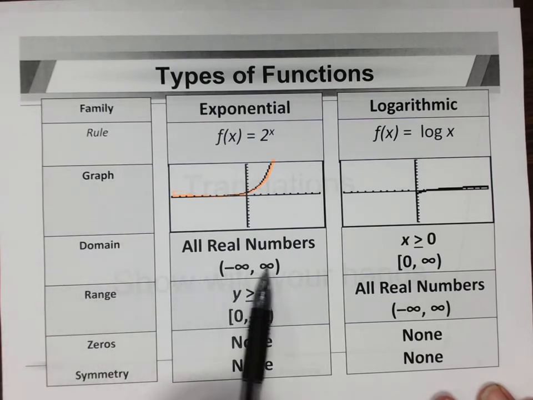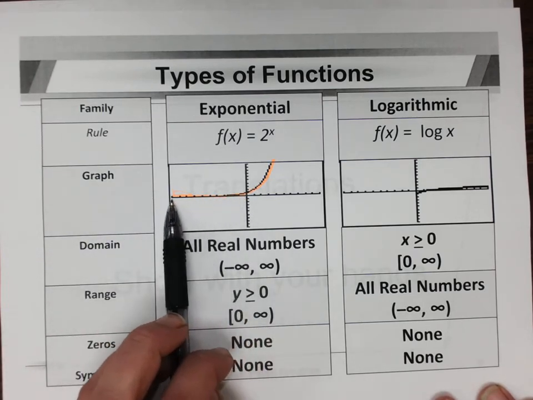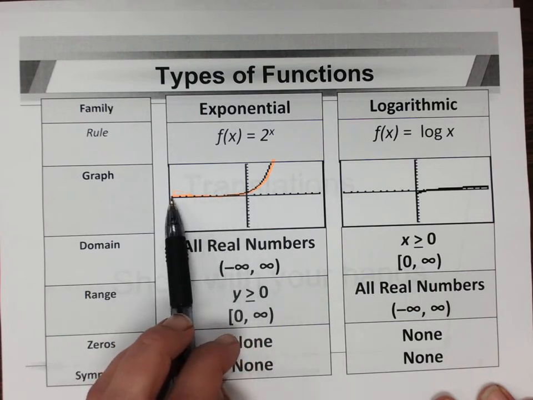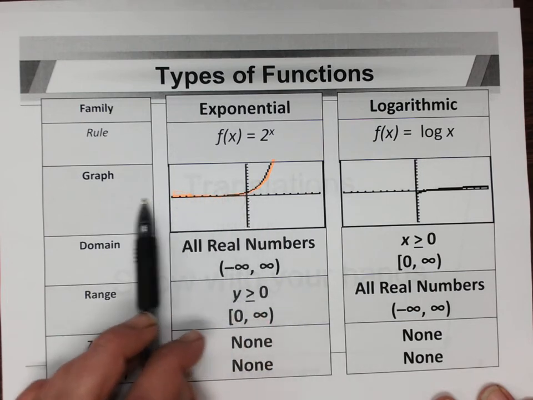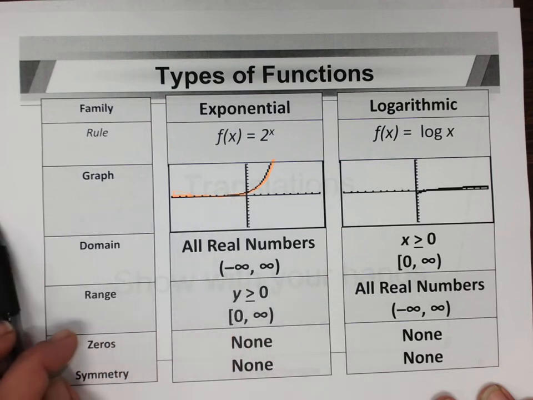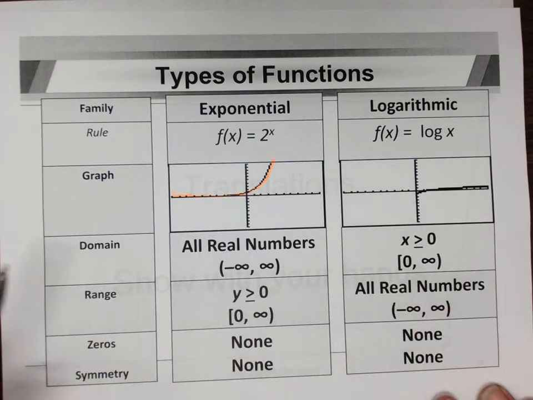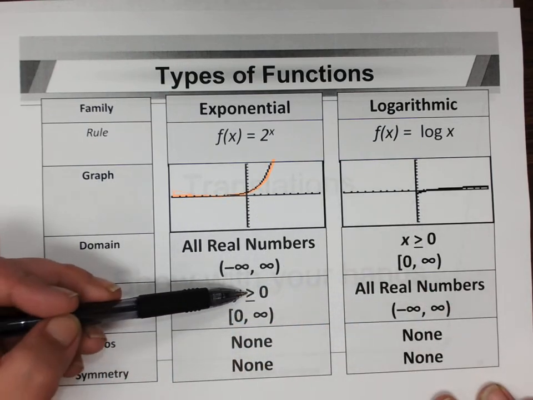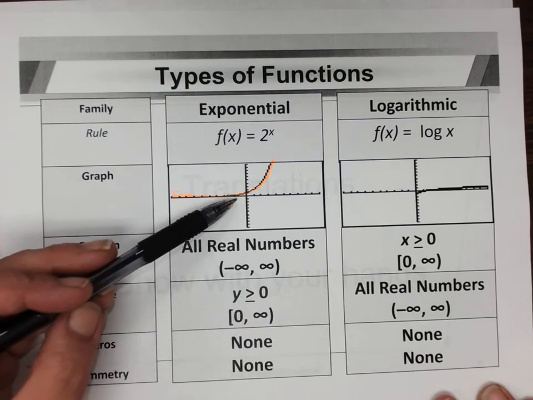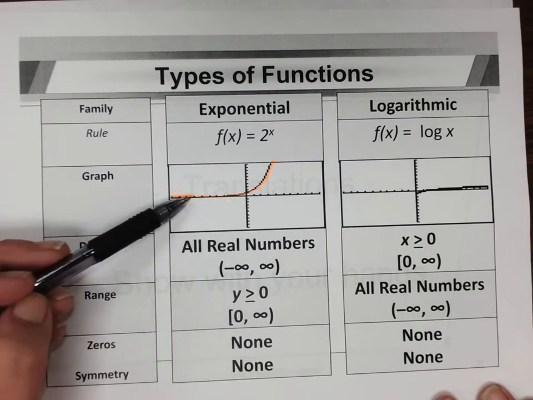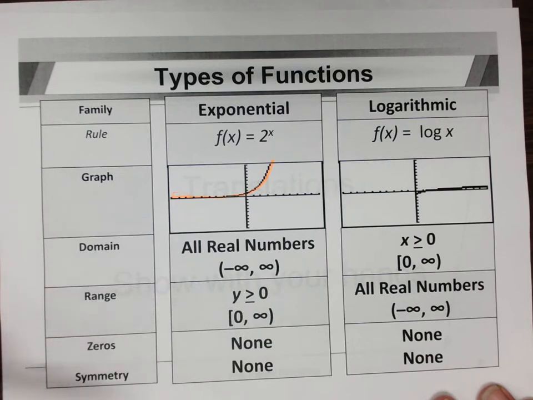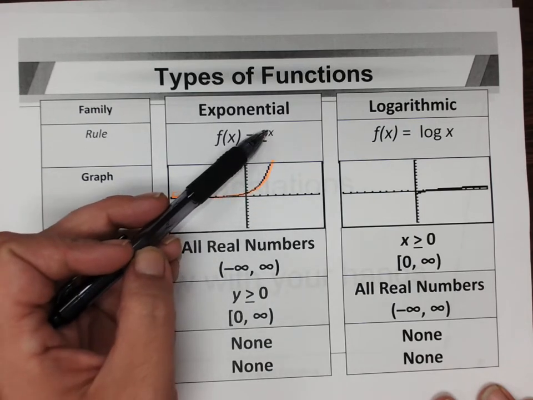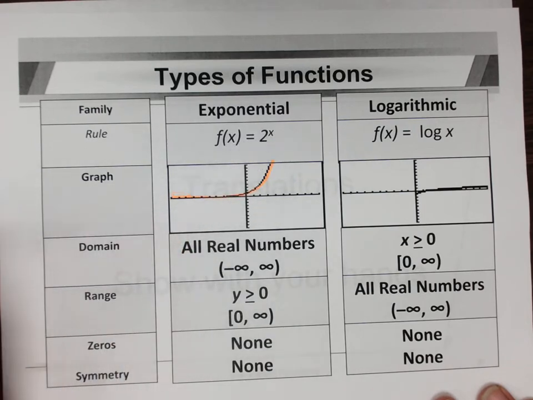Its domain is all real numbers, right? So it comes out here and it may get infinitely close to 0, but it always can take on another x value going out this way and going this way. Its range, though, is always greater than or equal to 0, right? So it can come here and kind of touch 0, but it's not going to go below that, because 2 to the 0 would be 1.